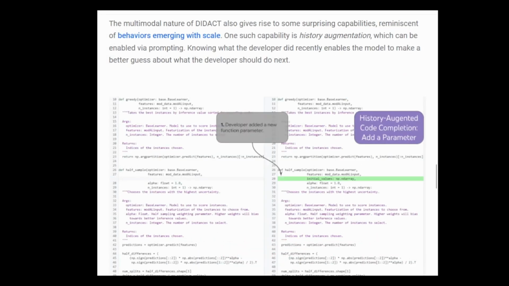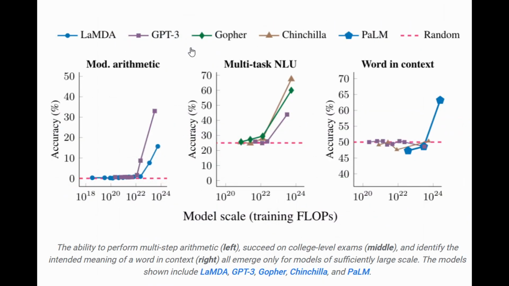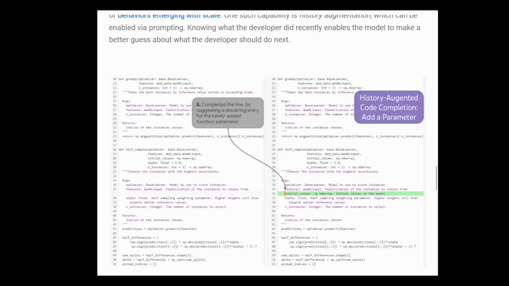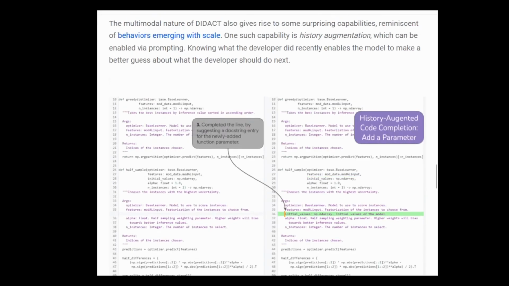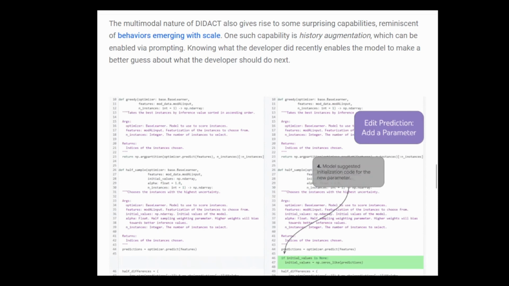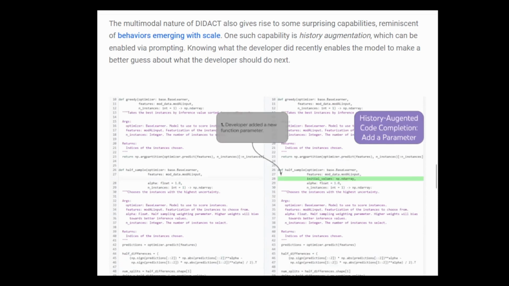The multimodal nature of DIDACT also gives rise to some surprising capabilities reminiscent of behaviors emerging with scale. One such capability is history augmentation, which can be enabled via prompting. Knowing what the developer did recently enables the model to make a better guess about what the developer should do next.